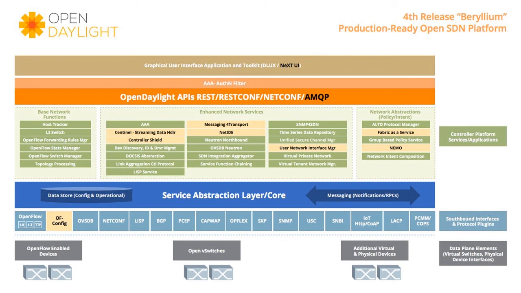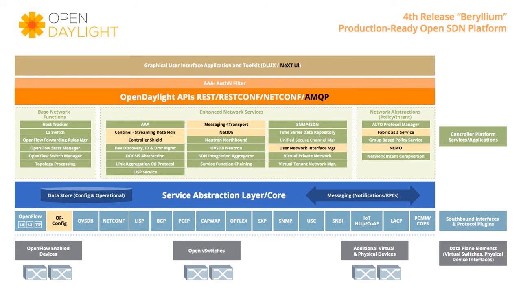We have network services, which are designed to provide enhanced abilities, services you can rely on or use to build better applications. Then we have applications, which run on top of all of this, and they access things either via Java APIs as well as through REST APIs, or we have new bindings in Beryllium for things like AMQP.